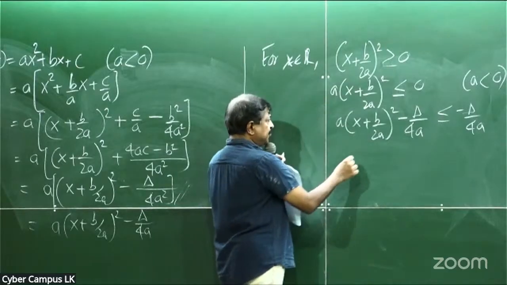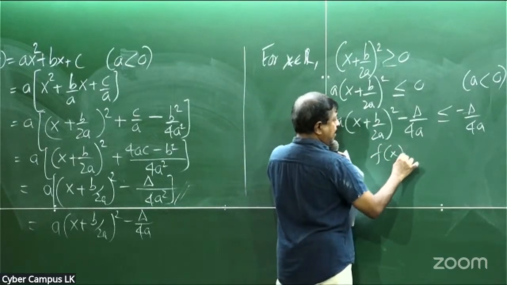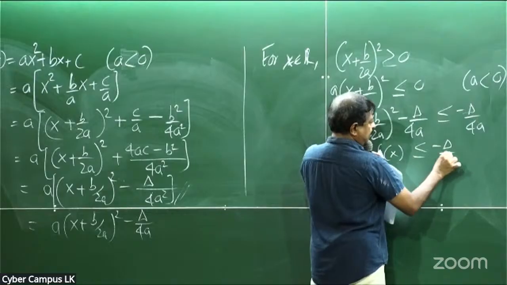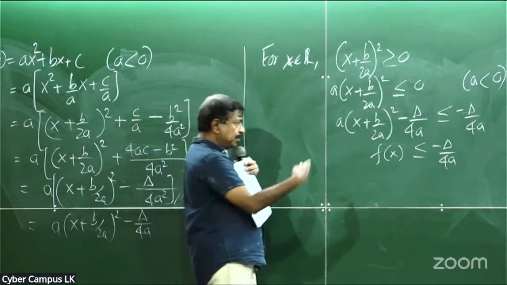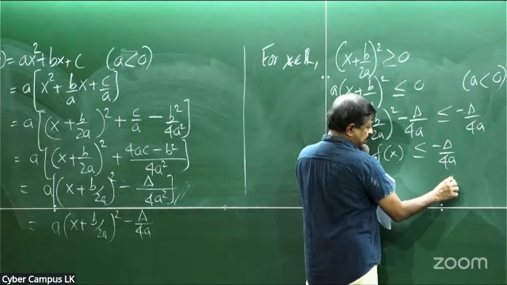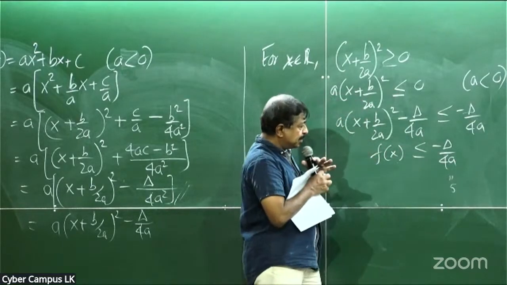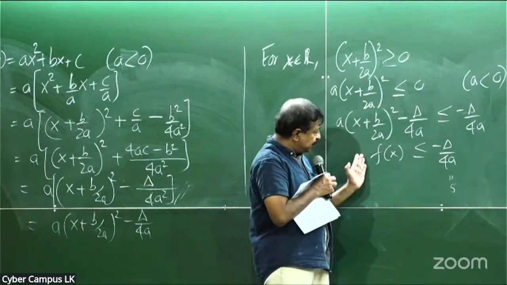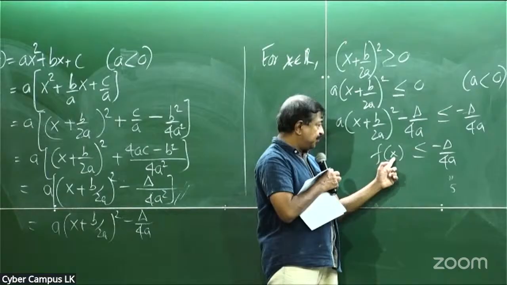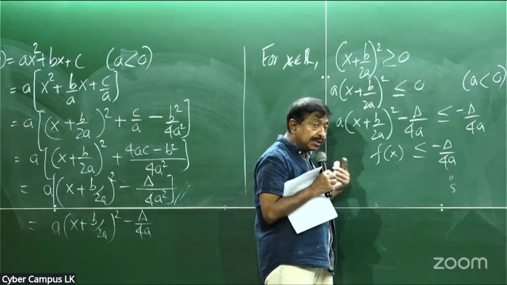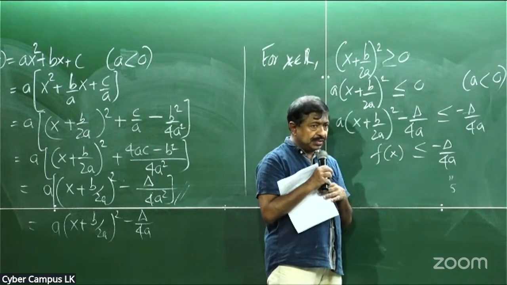Now, this is f(x). So it's always less than or equal to some number. Say this is 5, just for the sake of explaining this. So f(x) is always less than or equal to 5. So f(x) can attain 4, 3, 2, 1, minus 10. So this is the maximum value of this.